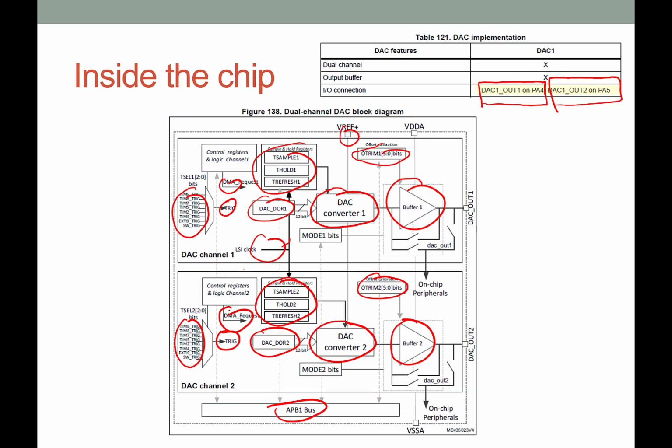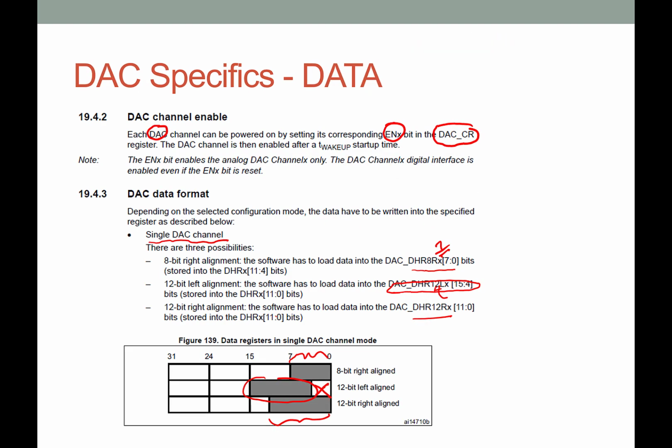Remember, if you go back and look at our diagram, that's where this is right here. These are those data output registers for the DAC, and you see it's tied directly into the converter. So the holding registers are what holds the data, and then it gets sent out. We'll talk about that as well.